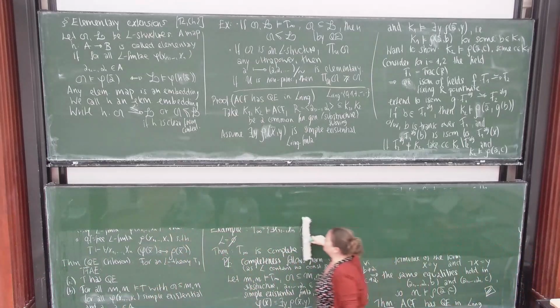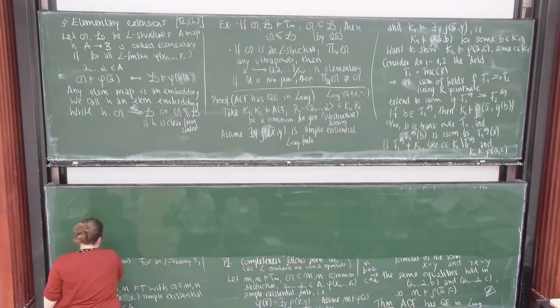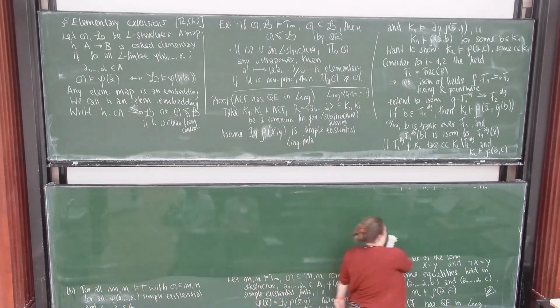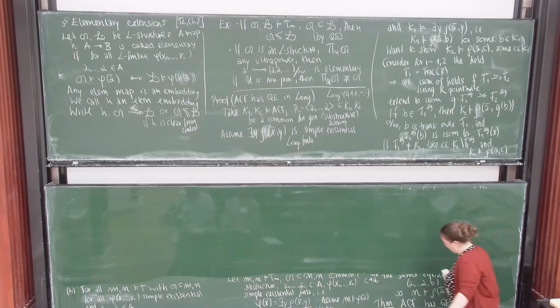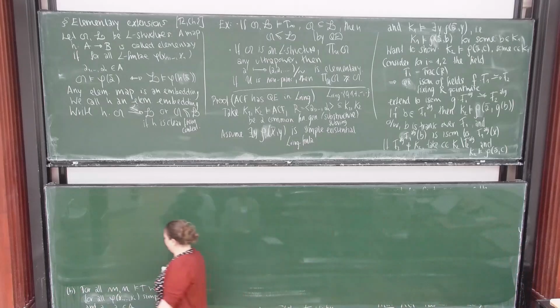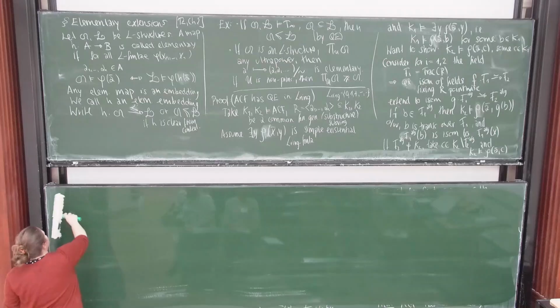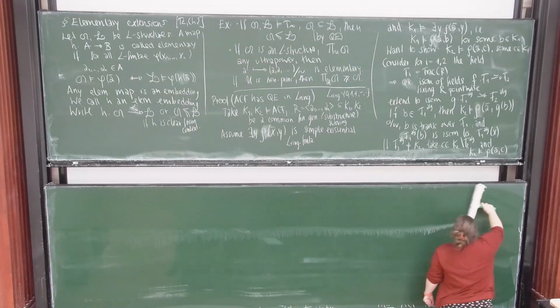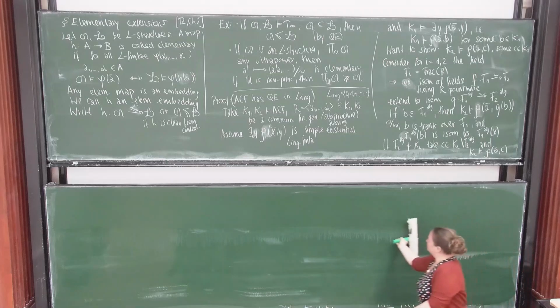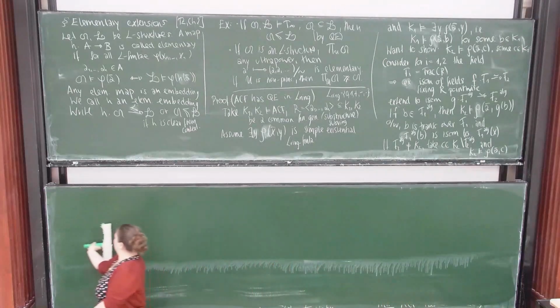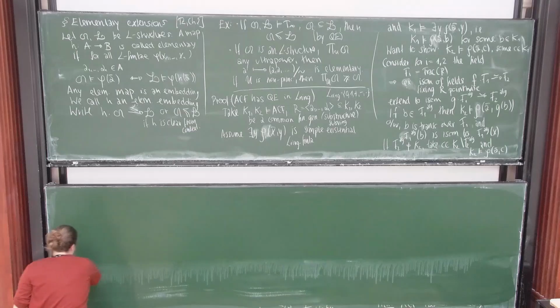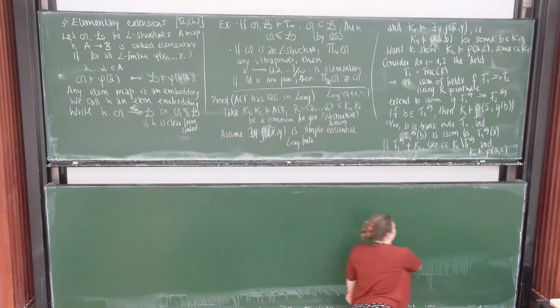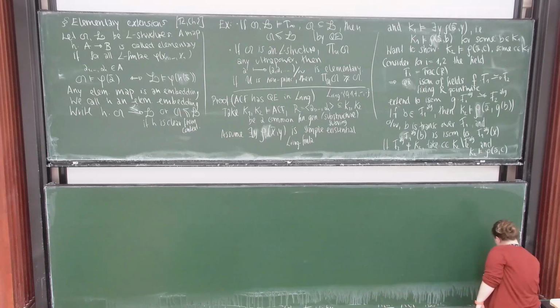Okay. So in this case, I need to increase K2 to find someone who's transcendental over K2. And I can do this by taking an ultrapower.